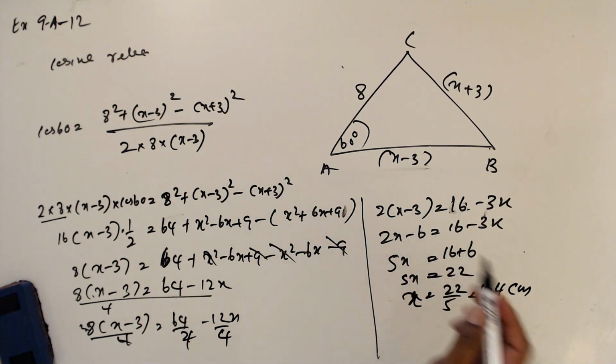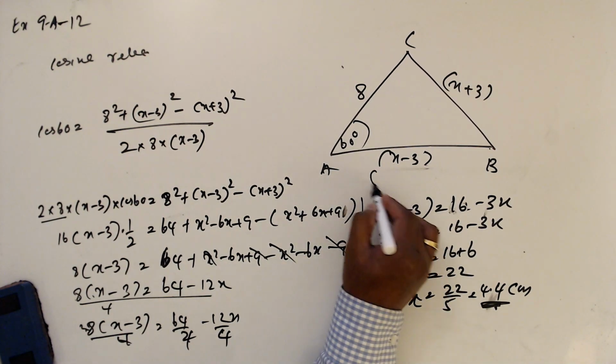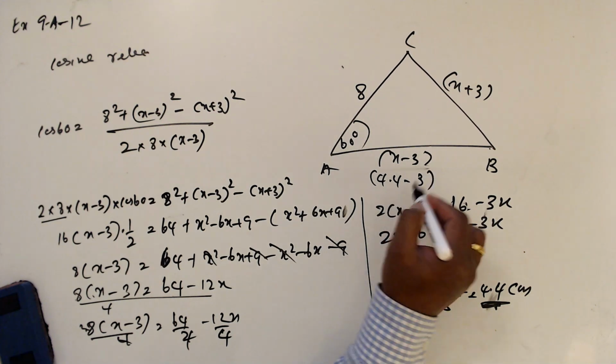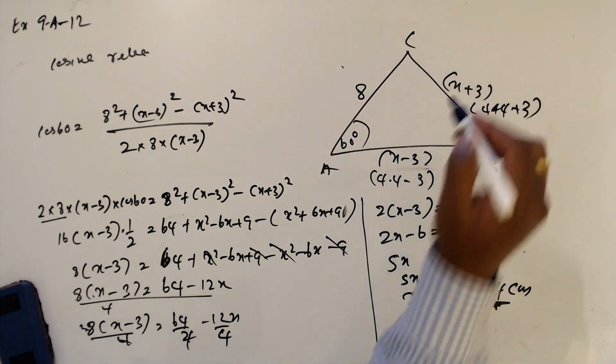X is 4.4 centimeters. Then, if we need to find the length, we write 4.4 minus 3, and this is 4.4 plus 3.